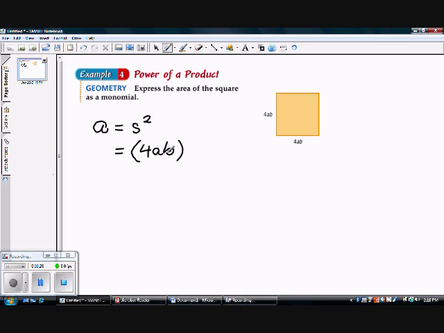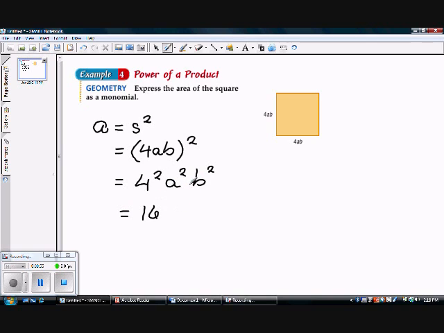So I'm going to take that, all of this is the side length, and I'm going to square it. Now this is just like kind of the distributive property where everything in these parentheses is to the second power. So it's going to be 4 squared, a squared, b squared. And we can simplify 4 squared because that gives us 16.